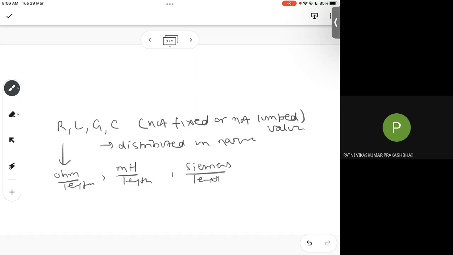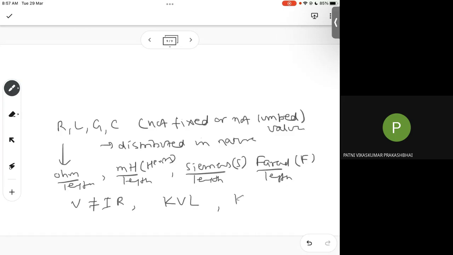Length could be centimeter or millimeter. Because of this, R, C and L have become impedances, they are not simply RLC. So as I told you earlier, V is not equal to IR. KVL is not valid. KCL is not valid.